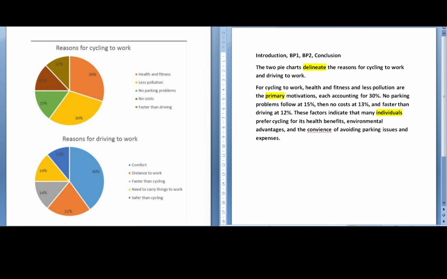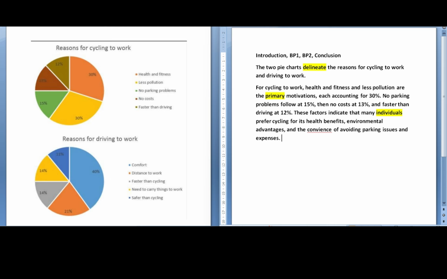So you can see convenience, the spelling mistake. Many students are doing what will be the correct word for convenience? What is the right spelling? You just have to mention. I know the spelling, but you just have to mention.